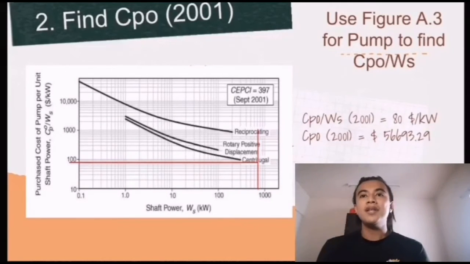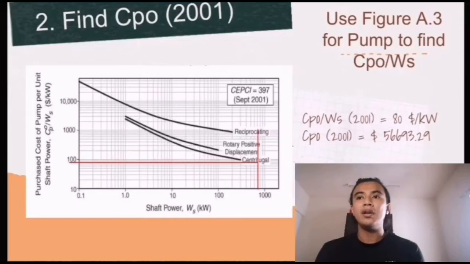We found that our value for CP0 over shaft power is $80 per kilowatt from Figure A3. Mathematically, we found that our value for CP0 for 2001 is $56,693.29.